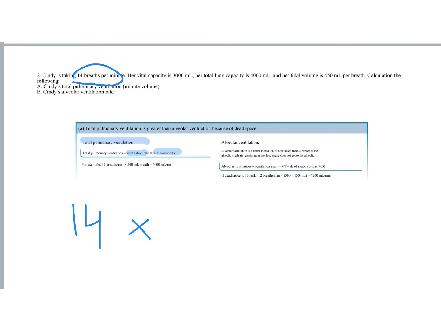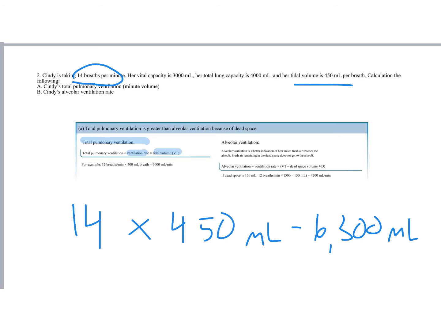Does it matter what her vital capacity is? No. Does it matter what her total lung capacity is? No. That's just extra information. It does tell you the tidal volume is 450 milliliters. So you take 14 breaths per minute, multiply it by 450 milliliters, and that's going to give you an answer of 6,300 milliliters. If you have any number different, then you have to look and see what you did.